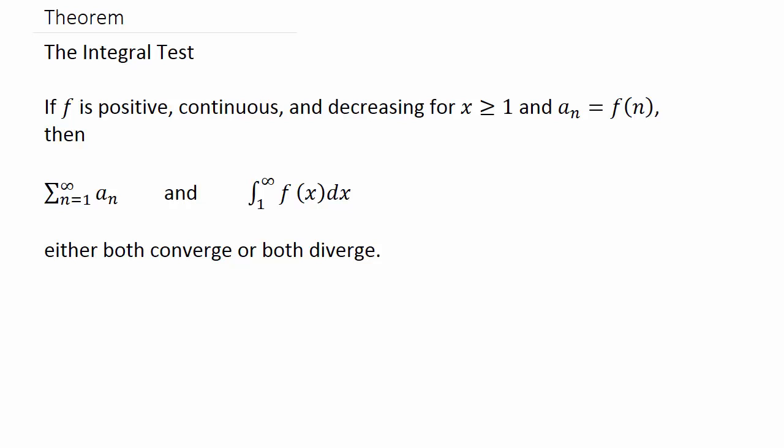Alright, so here's the second example I'm going to do for the integral test to determine if a series converges or diverges. It says if f is positive, continuous, and decreasing when x is greater than or equal to 1, and a sub n is equal to f of n, then this series and this integral either both converge or both diverge.